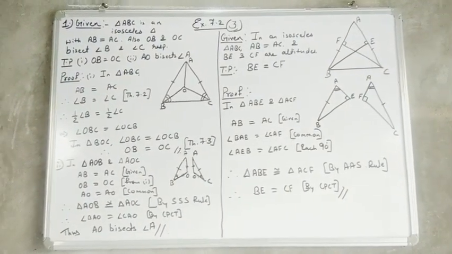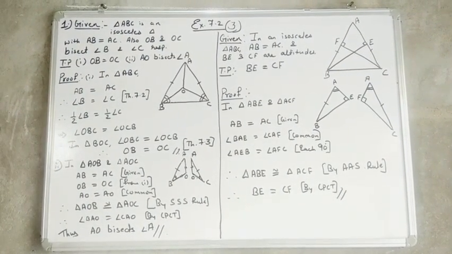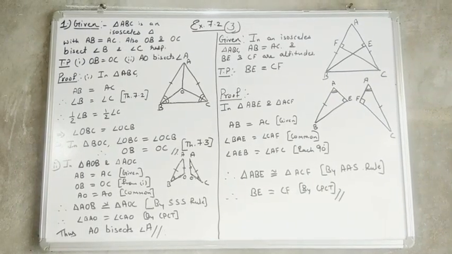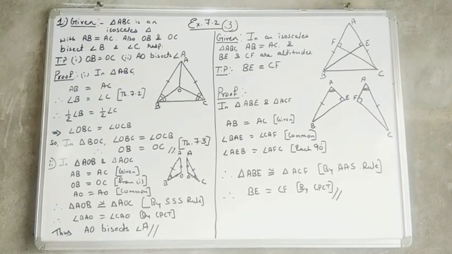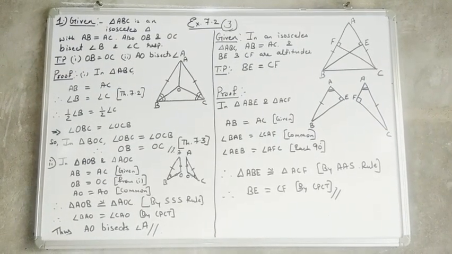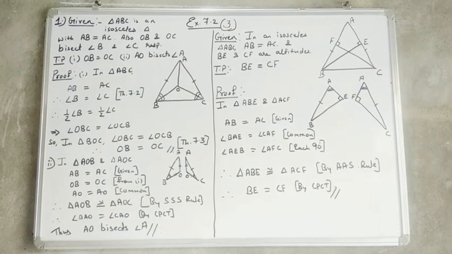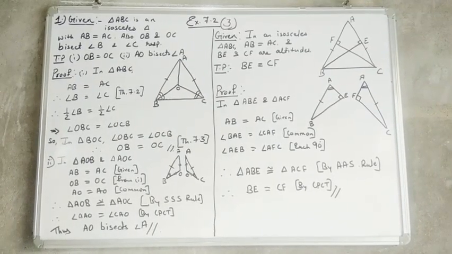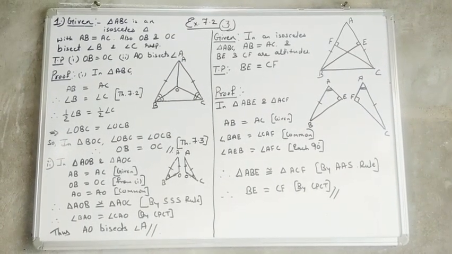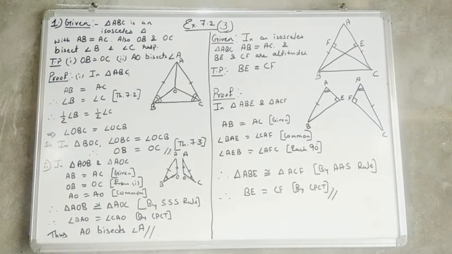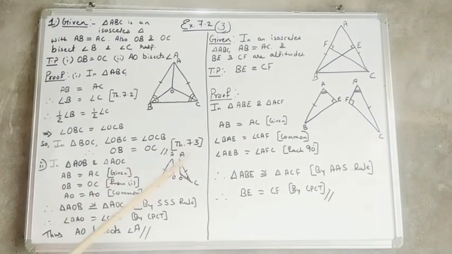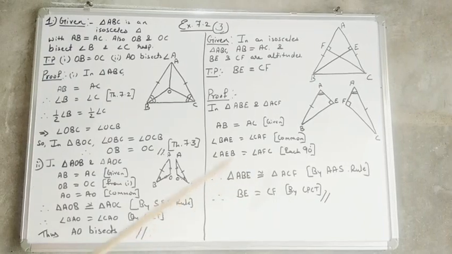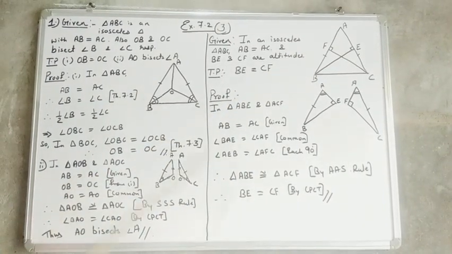In question number 3, they have given an isosceles triangle ABC in which altitudes BE and CF are drawn to equal sides AC and AB respectively. Show that these altitudes are equal. The thing you should be clear about is that an altitude makes an angle of 90 degrees.